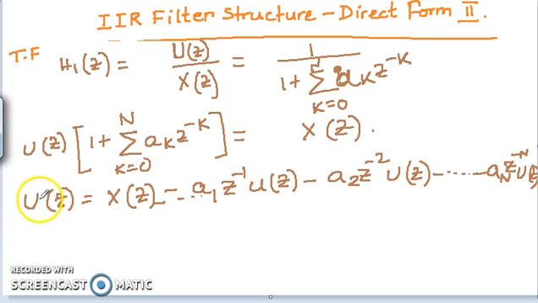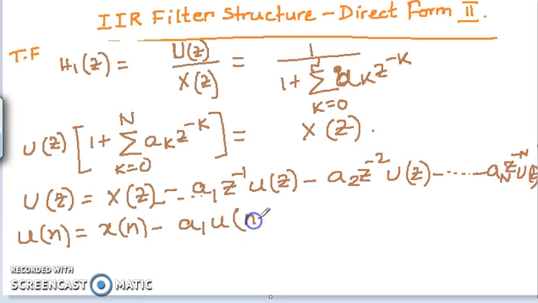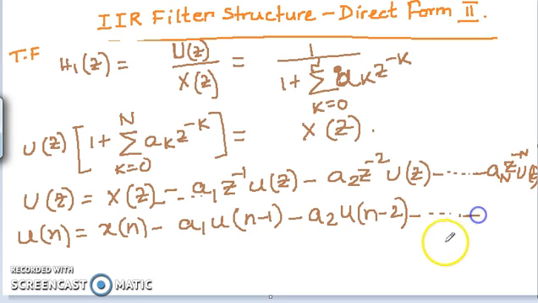Now if I want to get the difference equation from this, I have to use the inverse Z transform, and we will get u(n) here. u(n) will be x(n) minus a1 u(n minus 1) minus a2 u(n minus 2) minus dot dot dot up to aN u(n minus N). So this will be the difference equation I am getting. Clear?